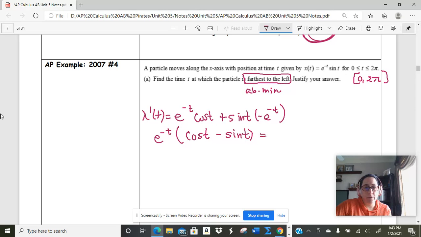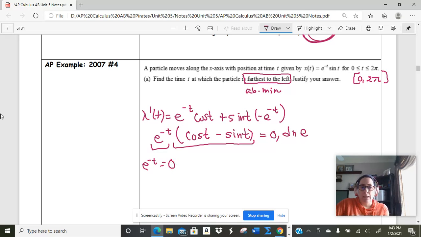And we are looking for where this is 0 or does not exist. Well, let's first start, since we have these two things being multiplied, we can use our zero product property from algebra and say, will this ever equal 0 or does not exist?